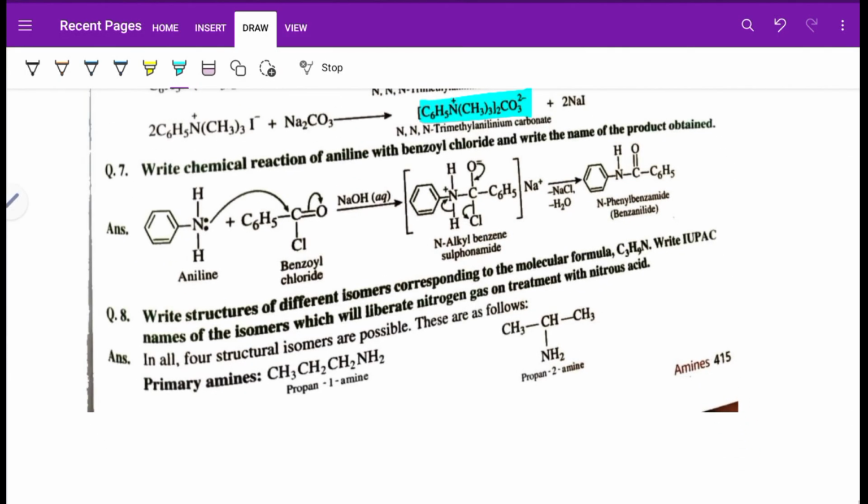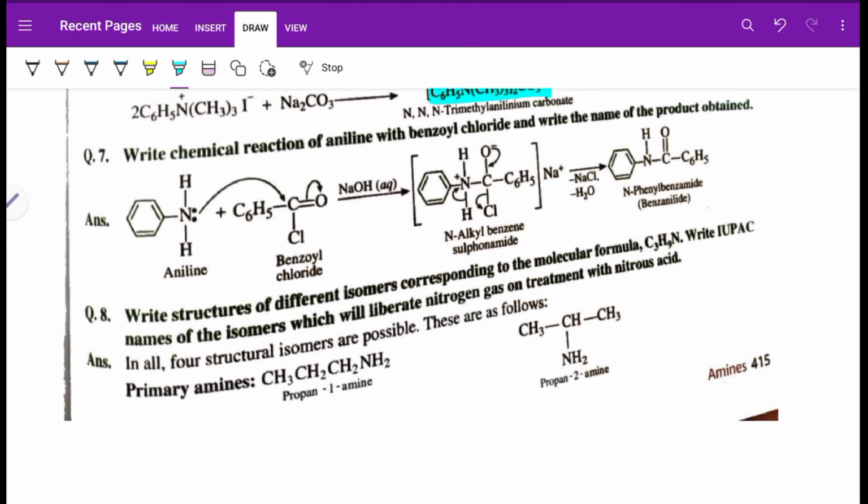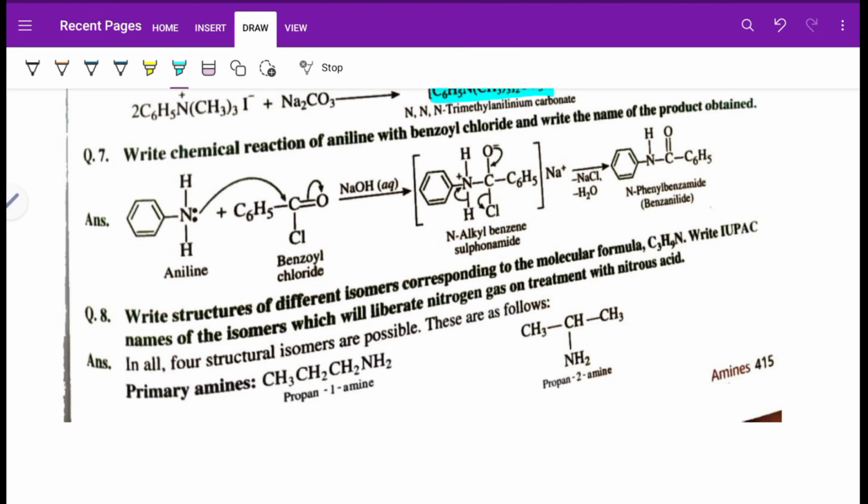Now this, write the chemical reaction of aniline with benzoyl chloride, which is Hinsberg reagent, and this is having 1 degree, so it is having what? Finally it is having one acidic H. Okay, no, this is benzoyl chloride, so it is not Hinsberg reagent, it is benzoyl chloride, means benzoylation.